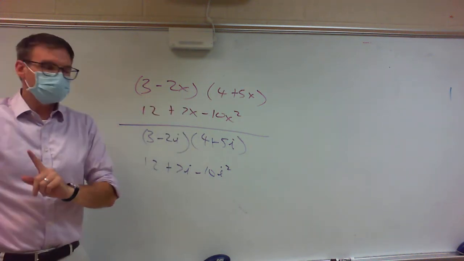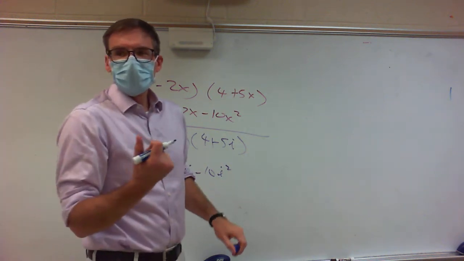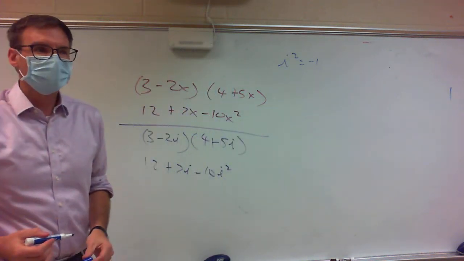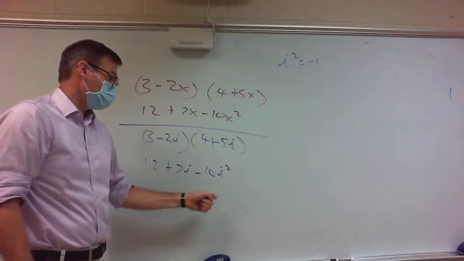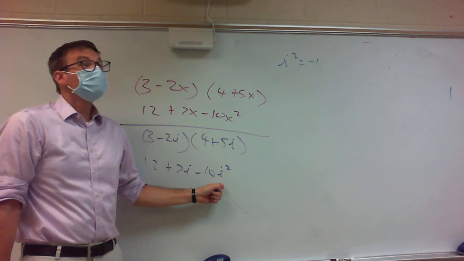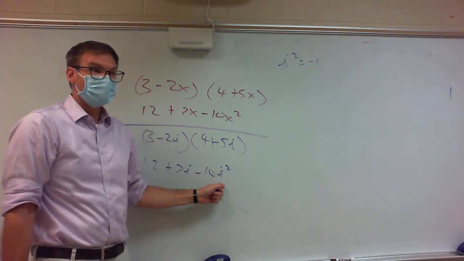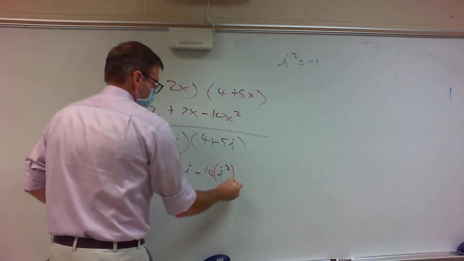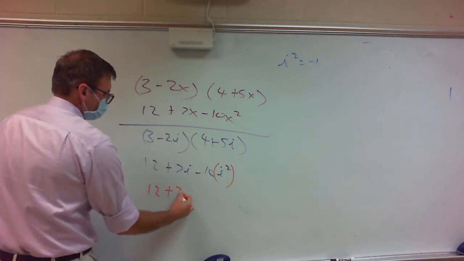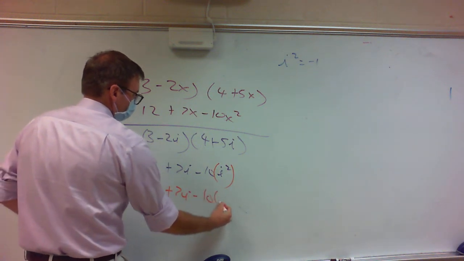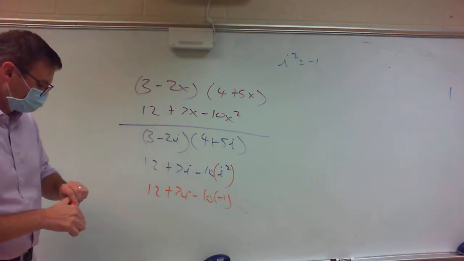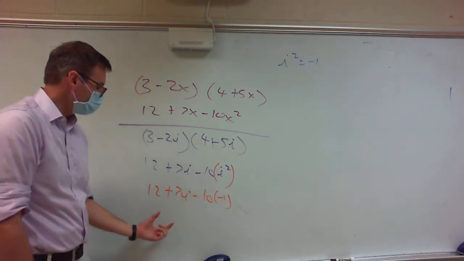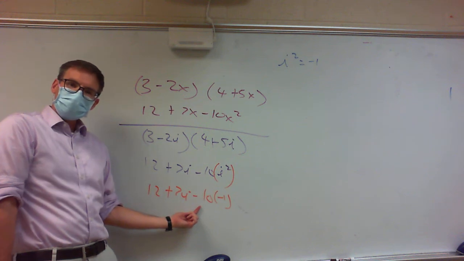And here's the difference. Remember that little rule we had, that i squared is equal to negative 1? Well, do we have an i squared? That's a negative 1, so you've got to write that as a negative 1. So that's going to give us 12 plus 7i minus negative 10, which makes it plus 10.